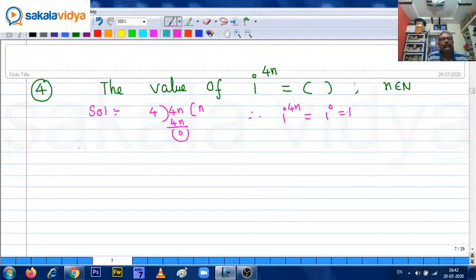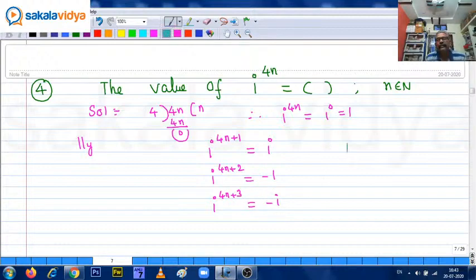So similarly you remember now. I to the power of 4n plus 1 is I. I to the power of 4n plus 2 is minus 1. I to the power of 4n plus 3 is minus I. That means I can list out all these things here.